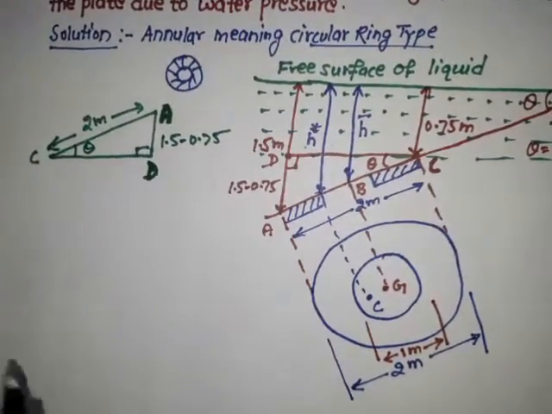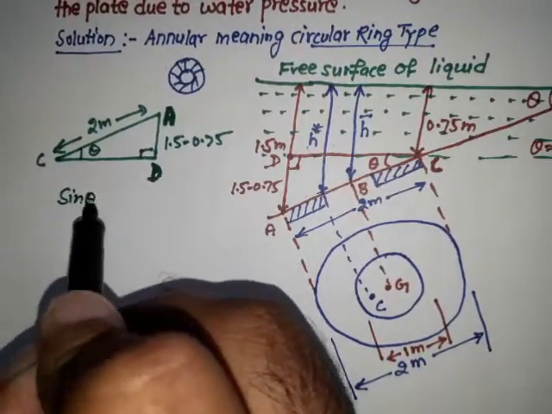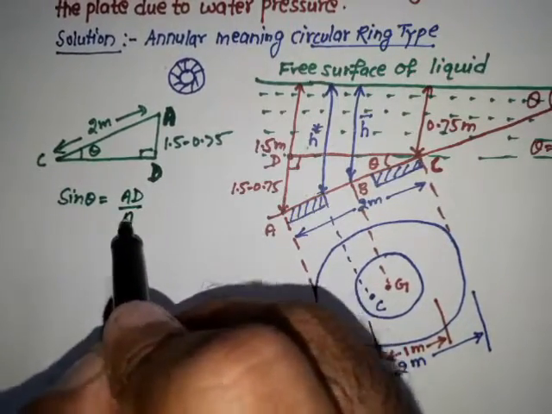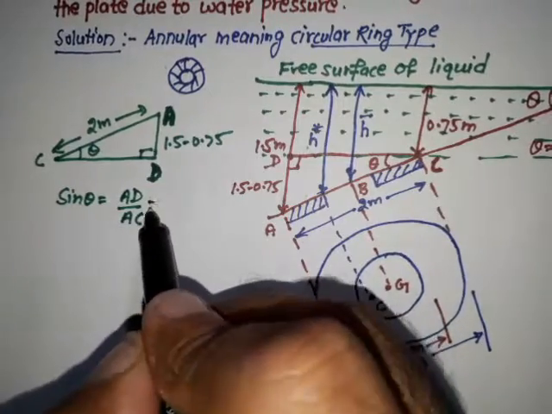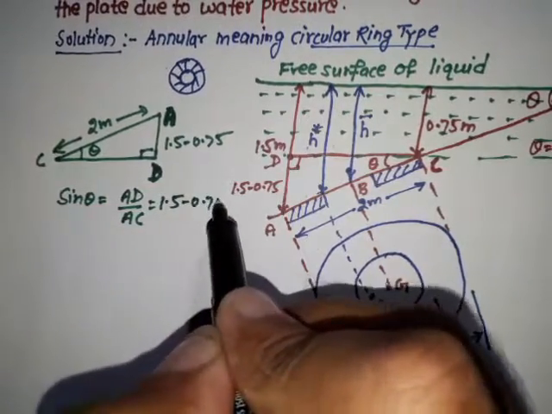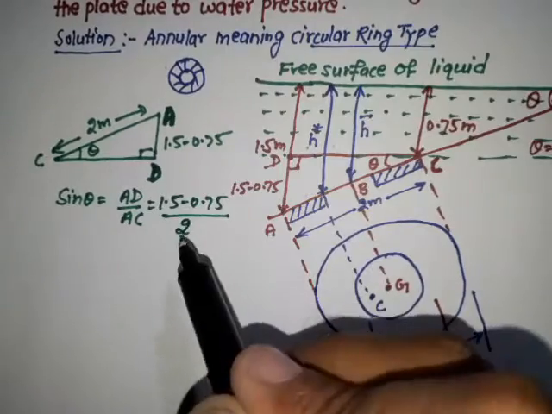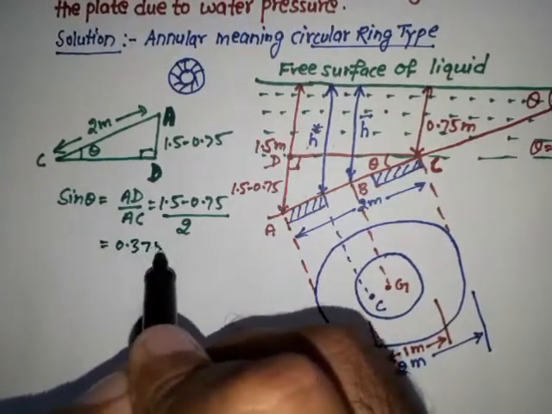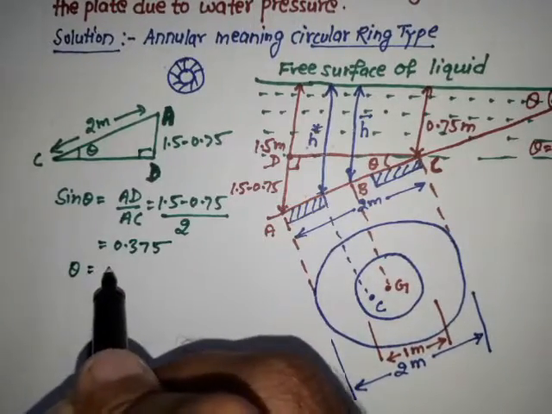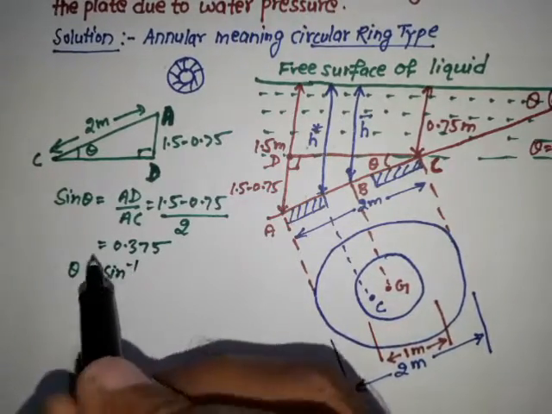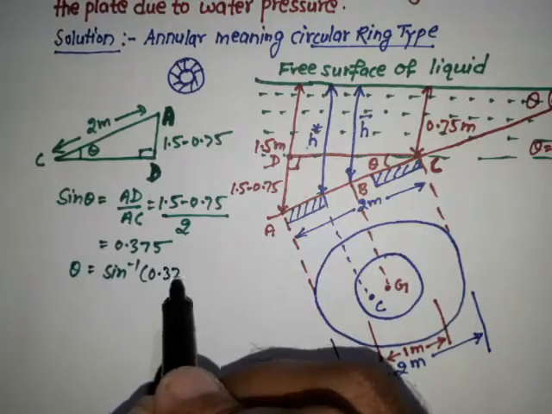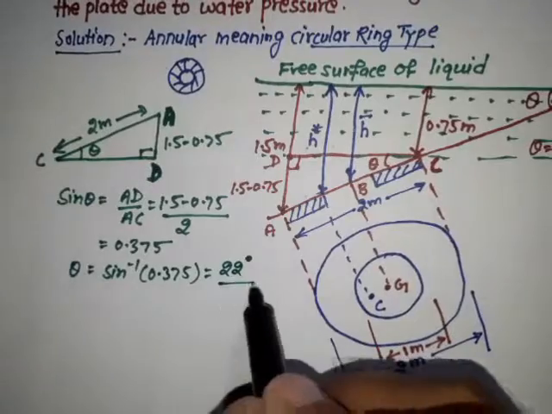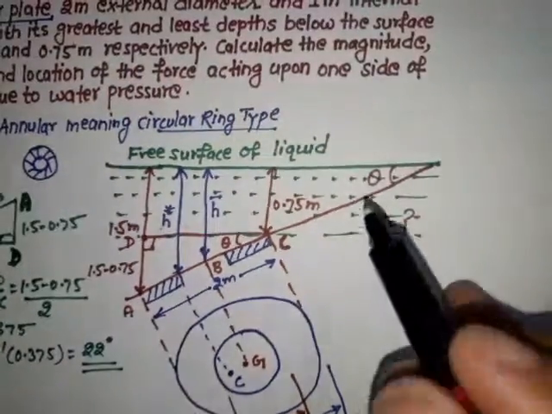So from this triangle, sine theta is equal to AD upon AC, and AD is 1.5 minus 0.75, AC is 2 meter. So that is equal to 0.375, theta is equal to sine inverse 0.375, that is equal to 22 degree.